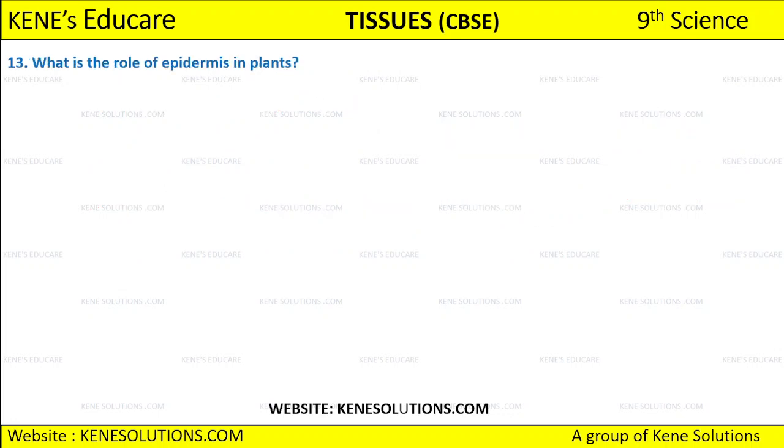Now the next is, what is the role of epidermis in plant? So epidermis जो है, I'll write epidermis in plant. Epidermis, it forms an uninterrupted, क्या फॉर्म करता है?